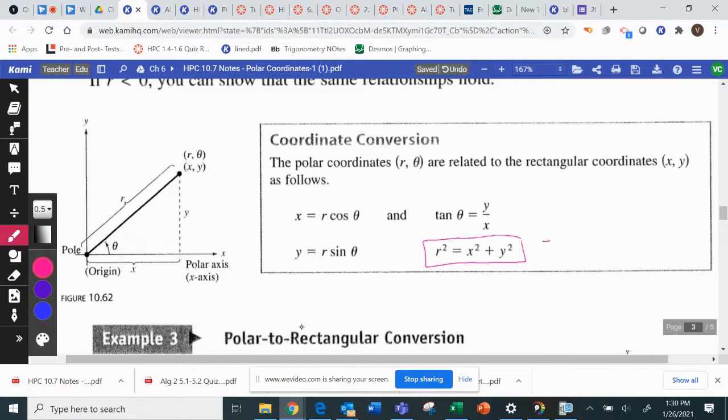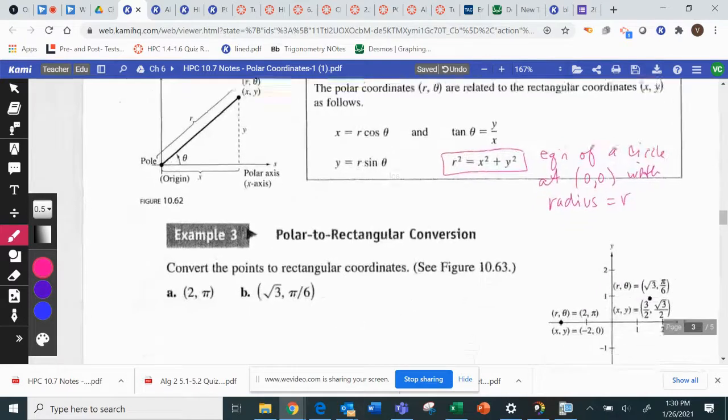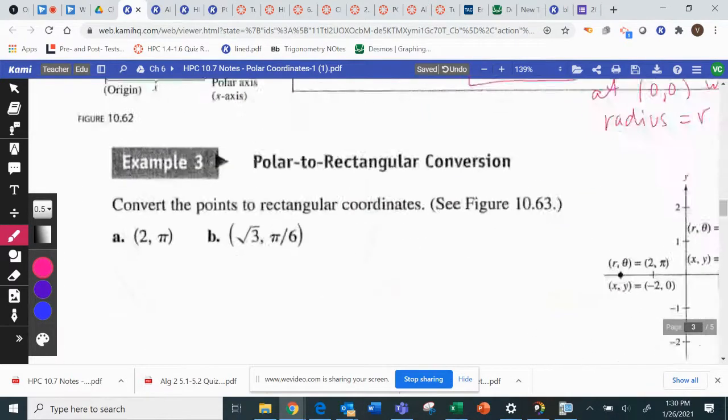This here is the equation of a circle at 0, 0, the center at 0, 0, with a radius of r. We've definitely seen these things before, but we haven't really seen polar. That's how we found ours. We did that formula, but I don't think I wrote it on the first page.